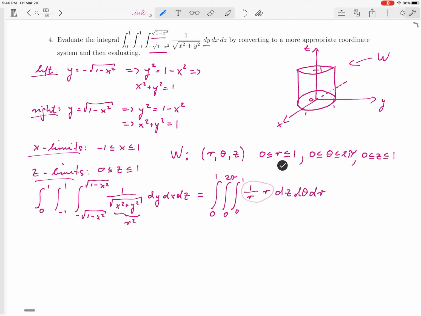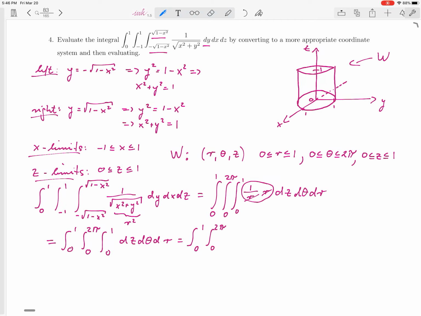In our integrand right here, r cancels, so we are ending up integrating from 0 to 1, integral 0 to 2 pi, integral 0 to 1, just dz, d theta, dr. And I'm going to do the first integral by finding an antiderivative, and then I hope you're going to see the pattern.